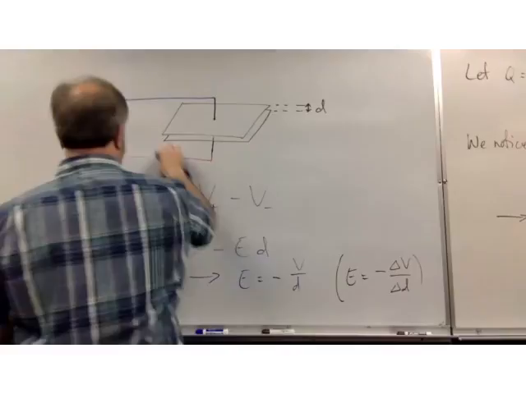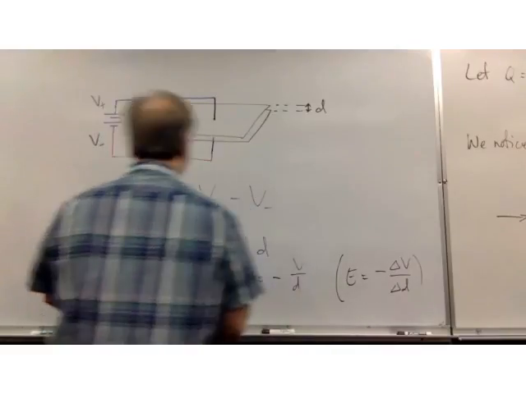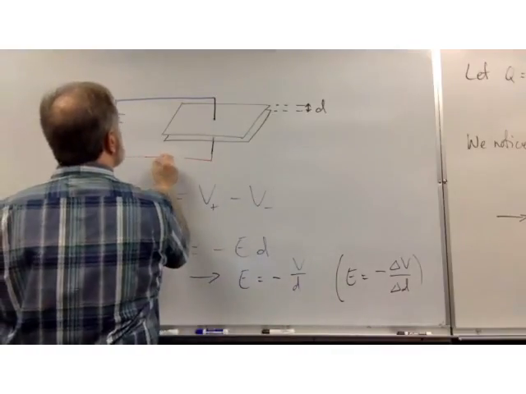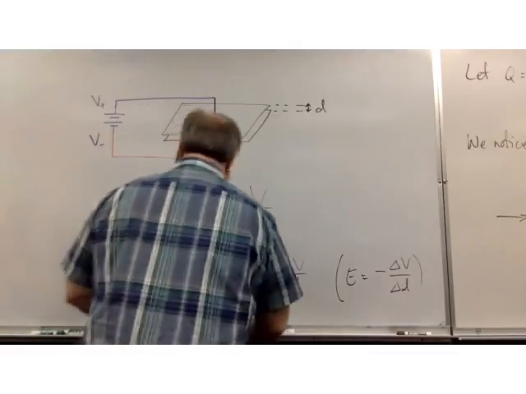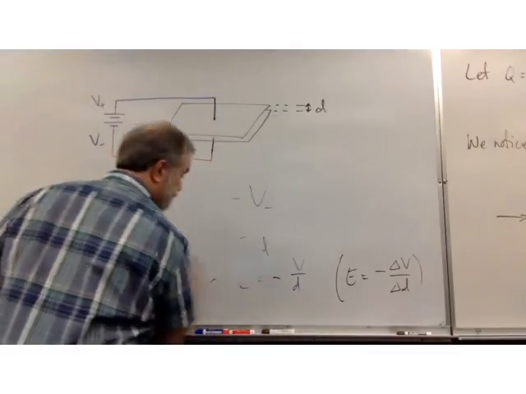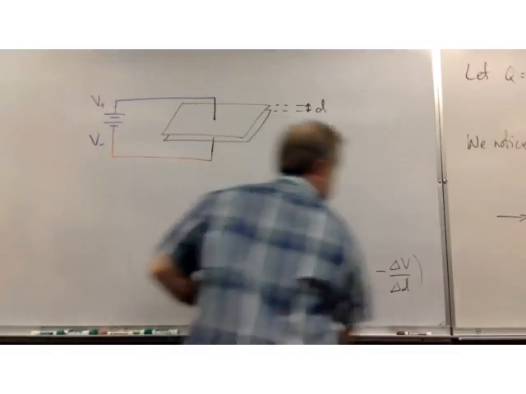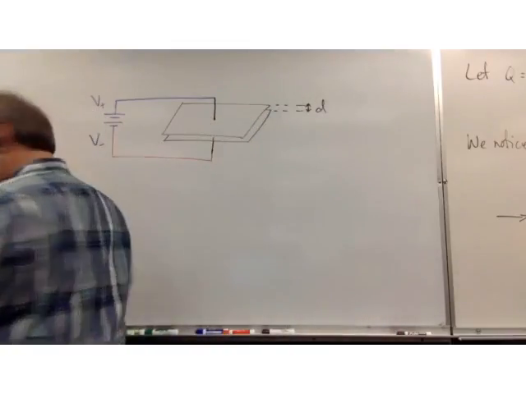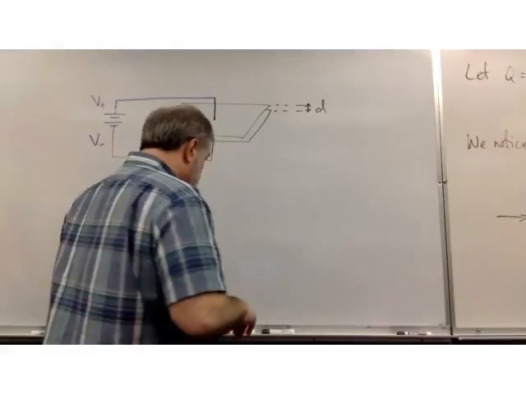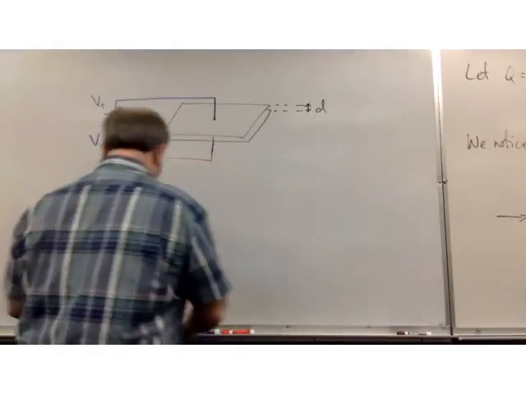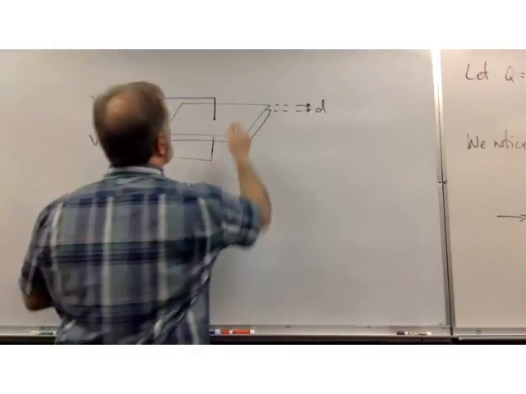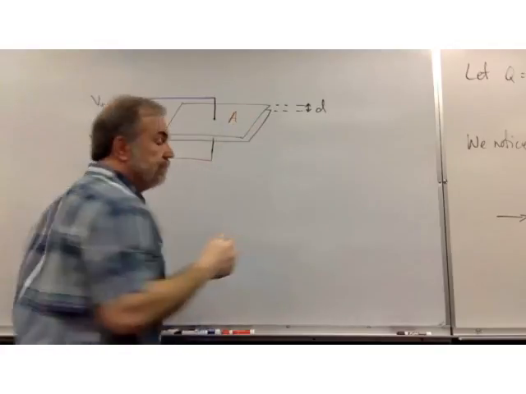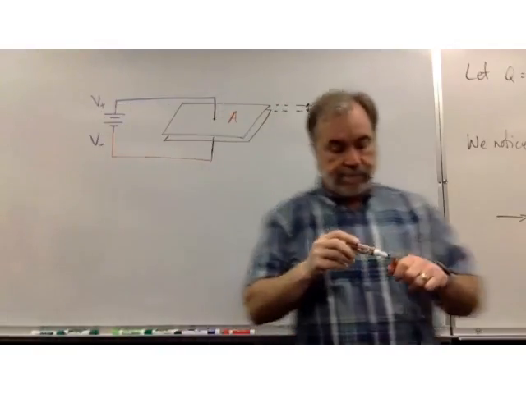The first one is I'm going to take the light bulb out. And I'm going to get rid of this notation here. And then I'm going to say, okay, the plates have surface area A. Both of them have area A.